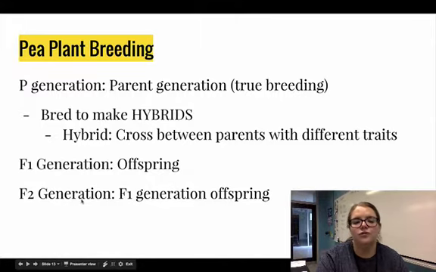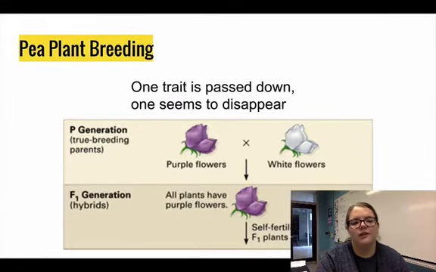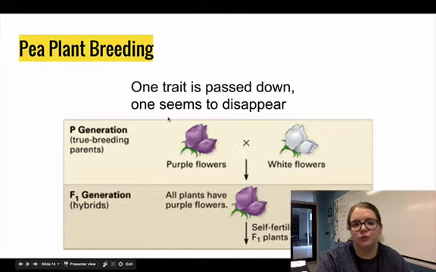And then the F2 generation are the offspring of the F1 generation. So if you kind of imagine this as people for a second, right, the P generation is like your grandparents, F1 generation are your parents, F2 is you, right? So it's 3 generations that he was looking at. All right, so what he saw, again, he took those true breeding plants, right? Like a purple flower always makes purple offspring, white flower always makes white offspring.